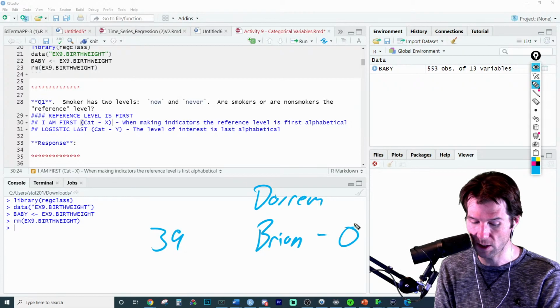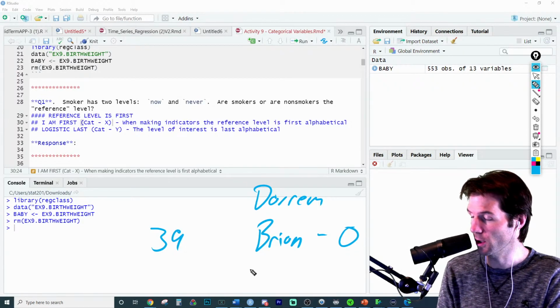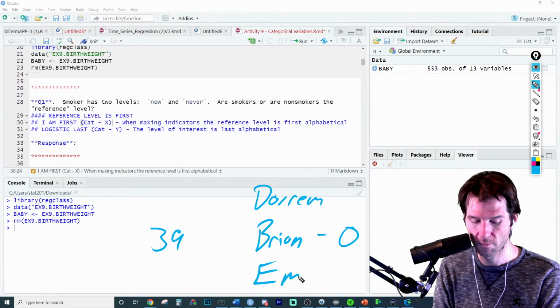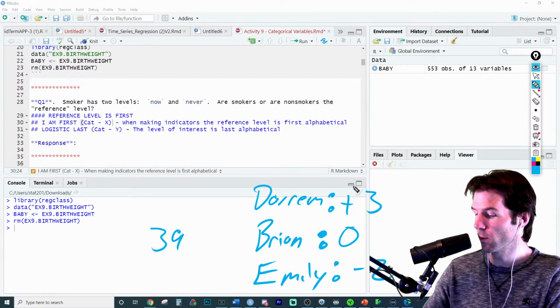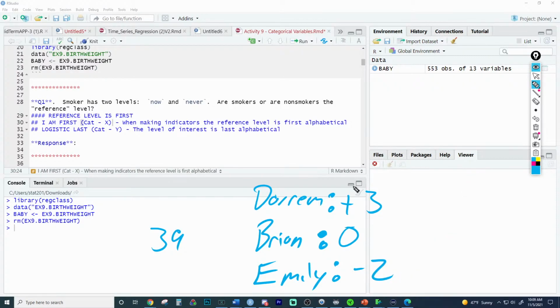And Brian actually would not have any sort of coefficient. Emily has a coefficient of -2, and Darren has a coefficient of +3. So when you think about it, we are comparing everyone to Brian. So we know Brian is 39, Darren is 3 years older. We could also figure out, so Darren's 42, we could also figure out there is a 5-year difference between Darren and Emily because you could subtract the levels.